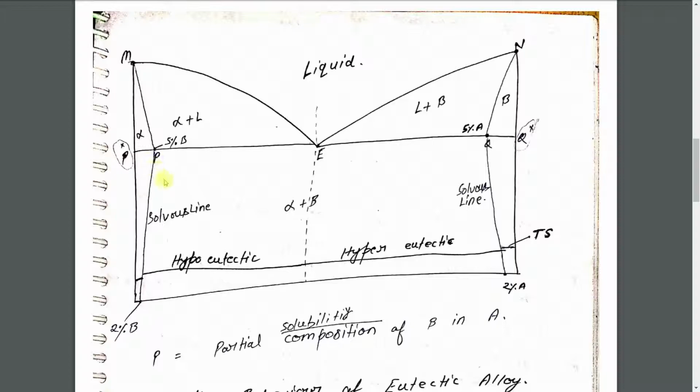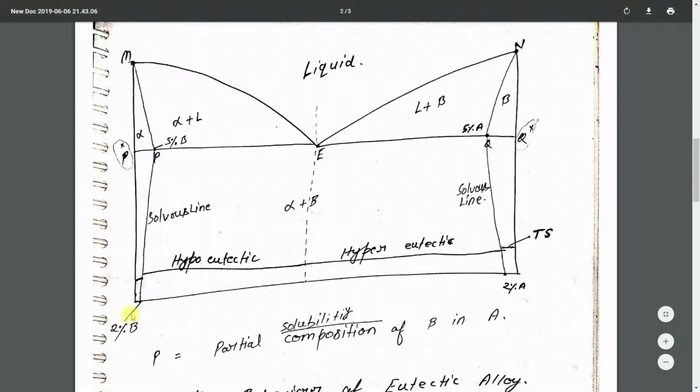Now first of all, see this figure very carefully. As we have already discussed in our previous lesson, M is the melting point of A, and N is the melting point of B. So now we will discuss alpha and beta, not A or B. As we have already seen, 100% A is found at the end, but in this case there is not 100%; there is 98% A and 2% B in the first step.